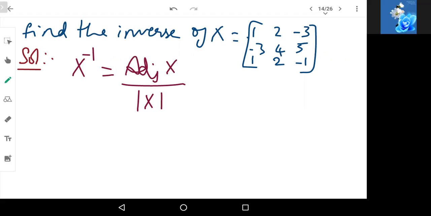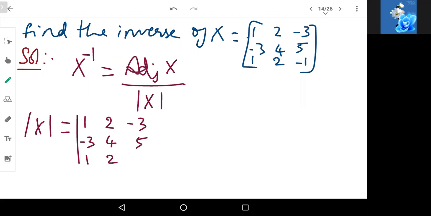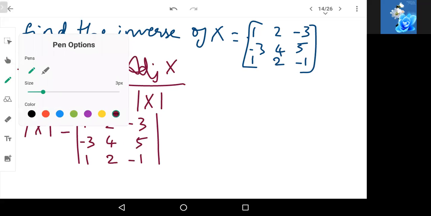Okay. So the first step is to find out the determinant of X, that is 1, 2, minus 3, minus 3, 4, 5, 1, 2, minus 1. Now, since we are finding the determinant of X, we just have to solve for the first row here. We need not solve for the whole 9 elements. So let us solve for the first row.